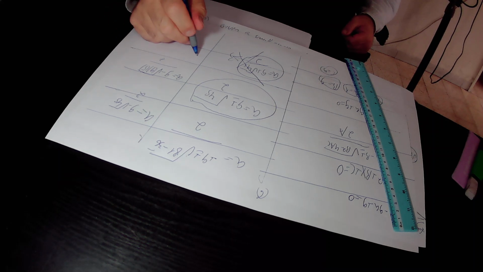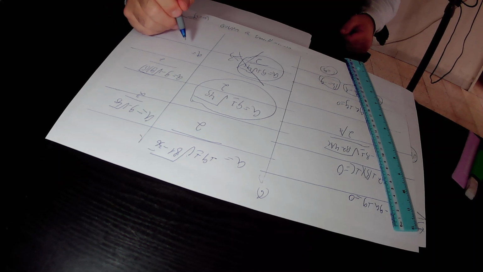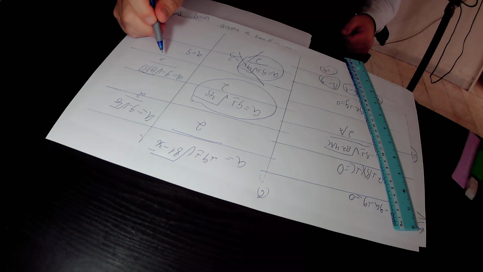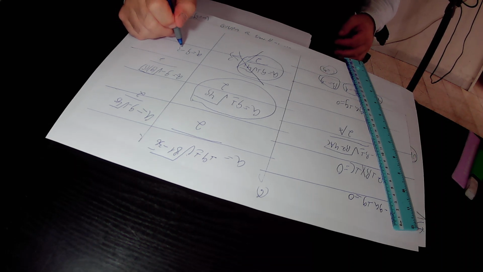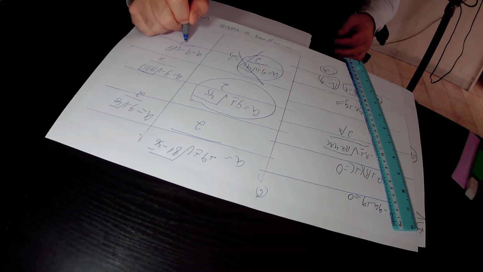The square root of 9 is 3, so inside the root we are left only with 5, divided by 2.